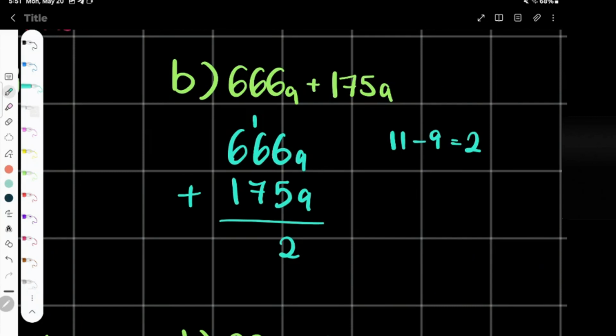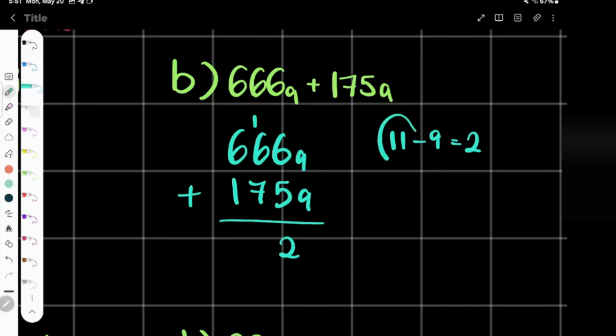Understand? So far understand? By leftover you mean a 1? Yes.